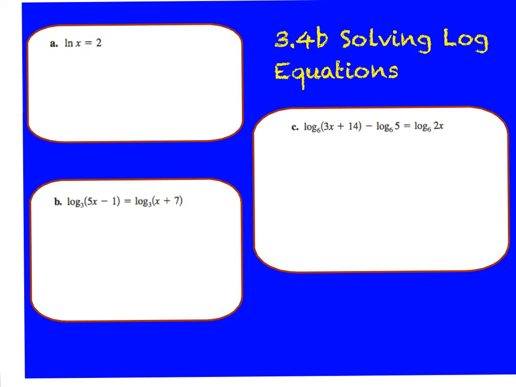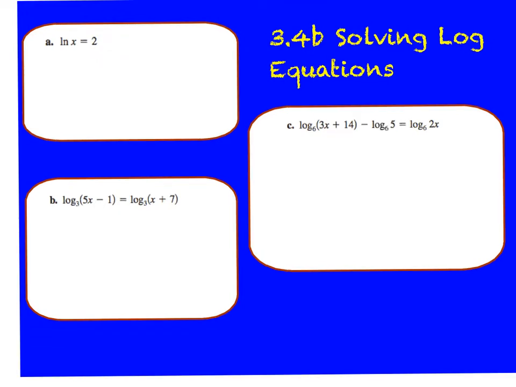3.4b, solving log equations. If I have natural log x is equal to 2, I'm in log form, so what do I get to do? What's my inverse operation? I exponentiate it. So I exponentiate both sides. So now I get x is equal to e squared.